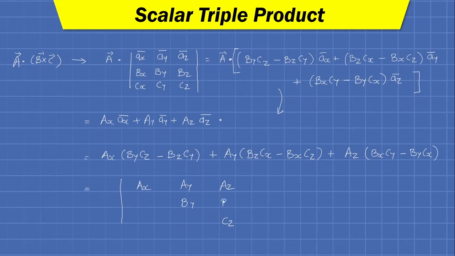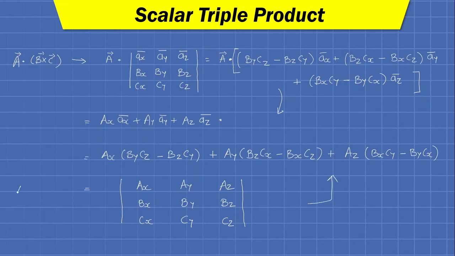Then for ay we have bz cx minus bx cz, so we can simply write bz and cx over here. So if you find the determinant of this 3 cross 3 matrix, then you will certainly get this result.